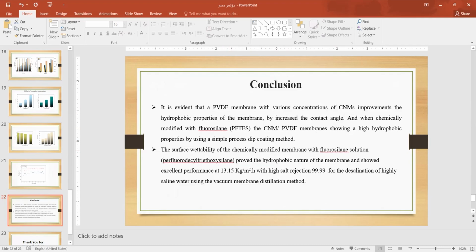The surface wettability of the chemically modified membrane with fluorosilane solution proved the hydrophobic nature of the membrane and showed excellent performance at 30.15 kilograms per square meter with high salt rejection of 99.99% for desalination of water using a vacuum membrane distillation method.